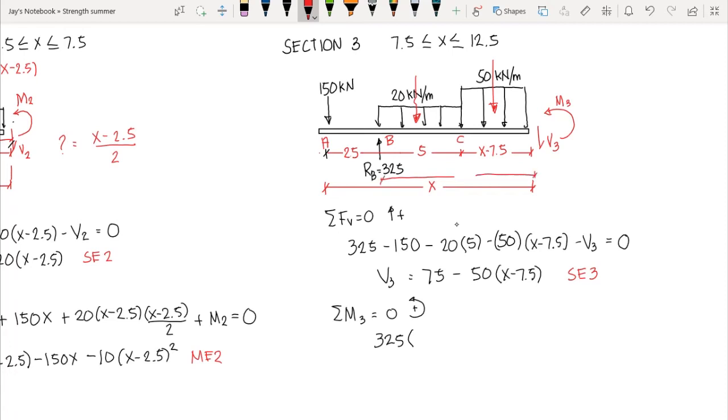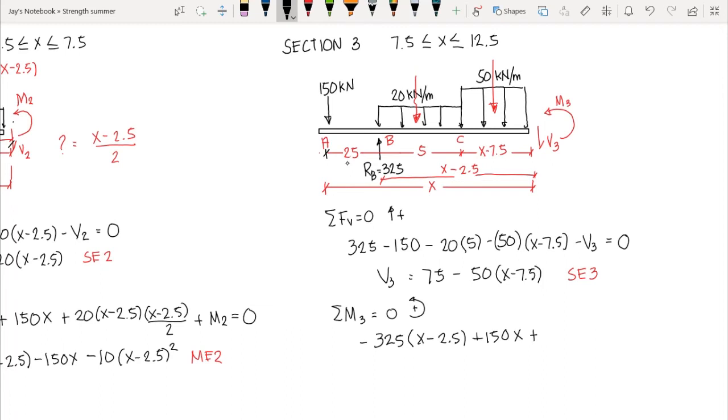Now we know, since this is x and the distance from A to B is 2.5, then our distance here is x minus 2.5, correct? So we have here x minus 2.5. Then this reaction here is a clockwise rotation, so we set it as negative, then plus 150 times the moment arm x.